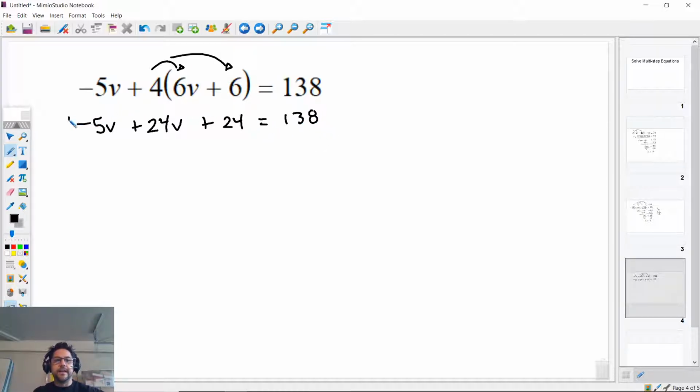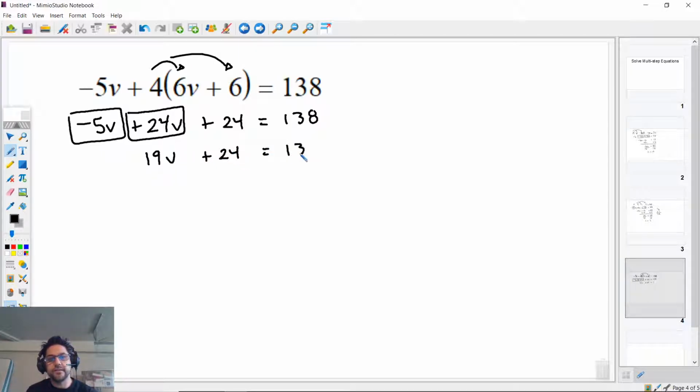I'm going to go ahead and combine these. The rule again, trying to help our 7th graders remember these rules, is different signs, find the difference, or subtract. So that's going to give me a positive, because 24 has the greater absolute value, positive 19v plus 24 is equal to 138. I'm going to subtract 24 on both sides.